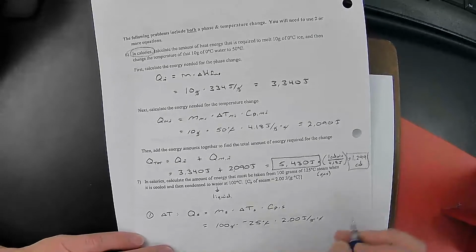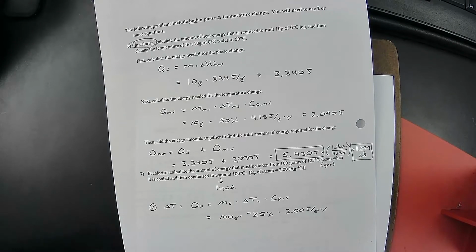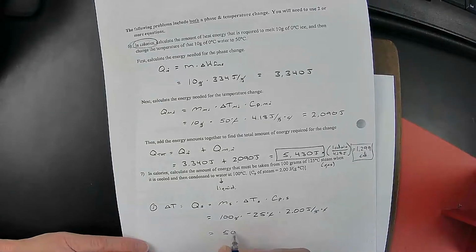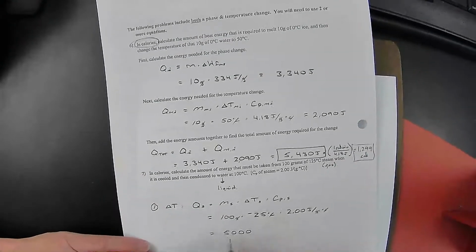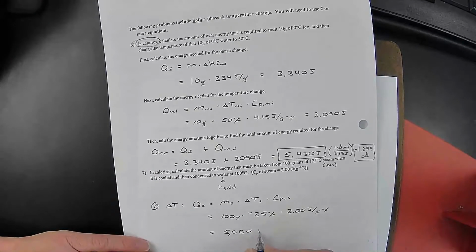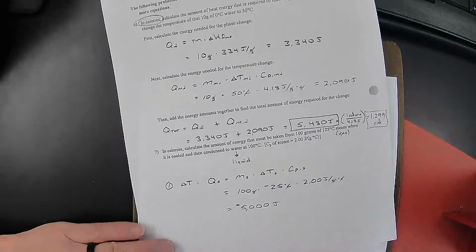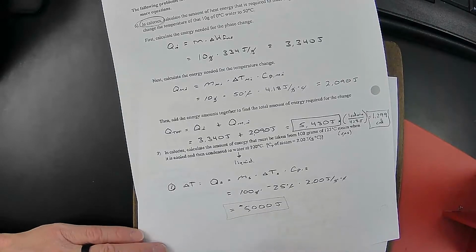The degrees Celsius and the grams cross out. 25 times 2 is 50, and 50 times 100 gives you 5,000 joules. Now don't forget about that negative, since we're removing energy. So step 1 requires negative 5,000 joules.